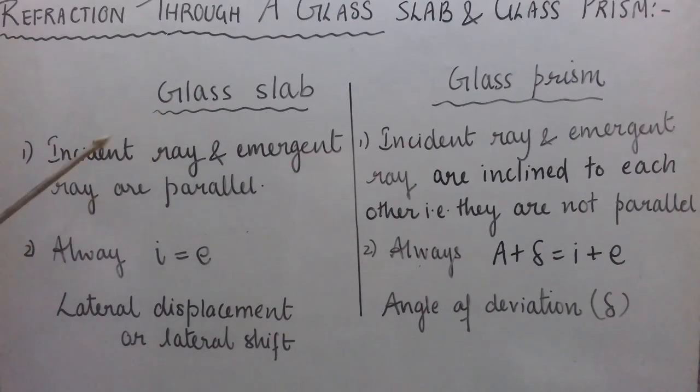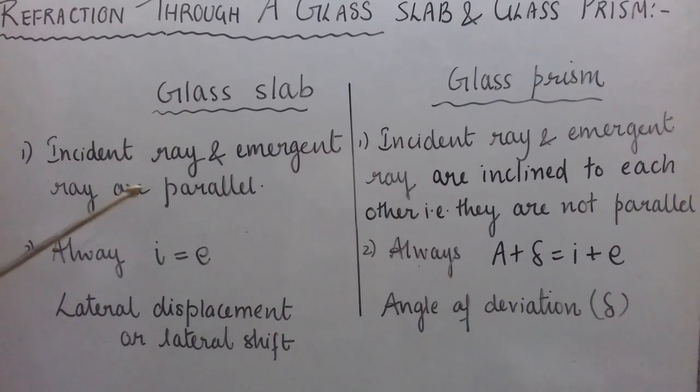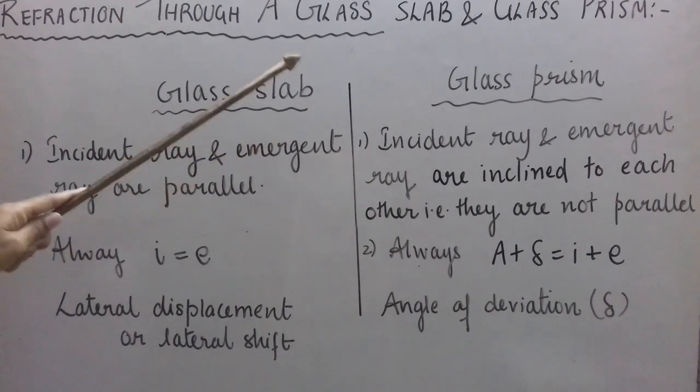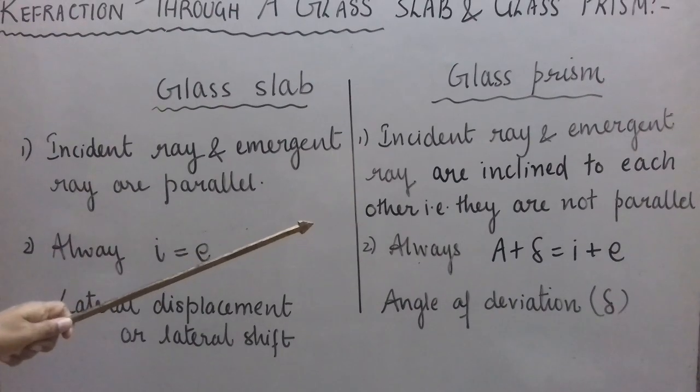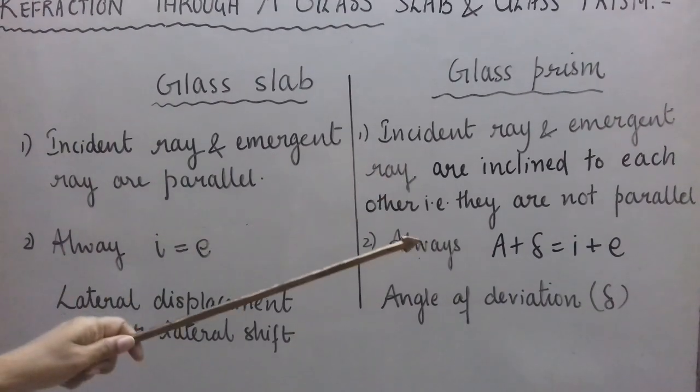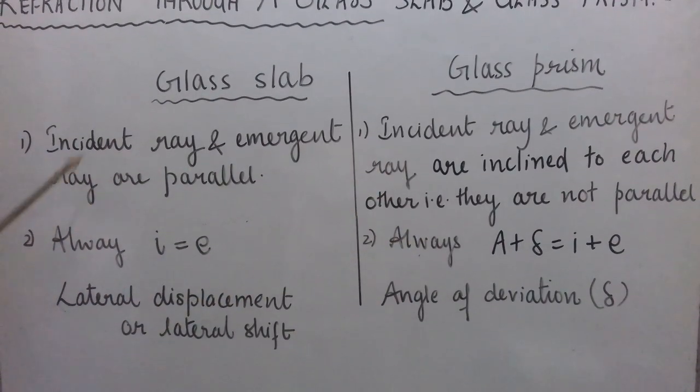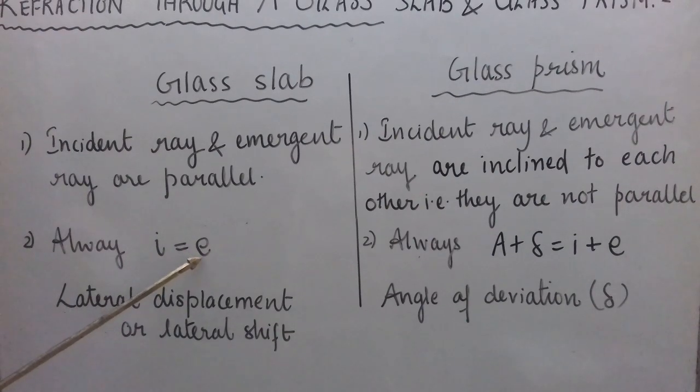Through the glass slab, incident ray and emergent ray are always parallel. Through the glass prism, incident ray and emergent rays are inclined to each other. That is, they are not parallel. Second point, through the glass slab, I is always equal to E. Angle of incidence is always equal to angle of emergence.